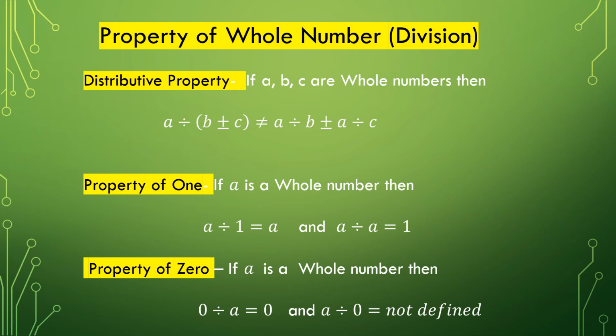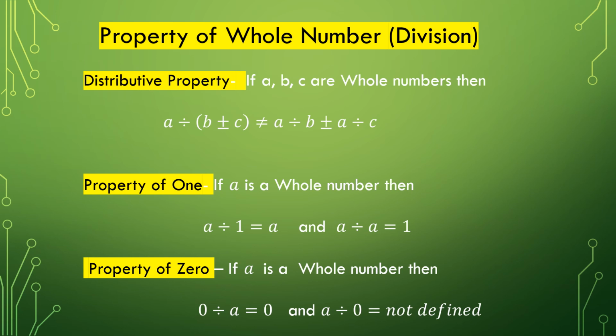Then distributive property. If A, B, C are whole numbers, then A divided by B plus or minus C is not equal to A divided by B plus or minus A divided by C. A divided by B plus C is not equal to A divided by B plus A divided by C. That is not a whole number.